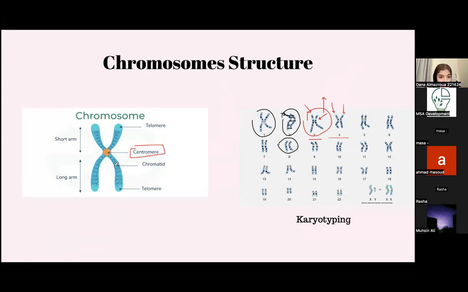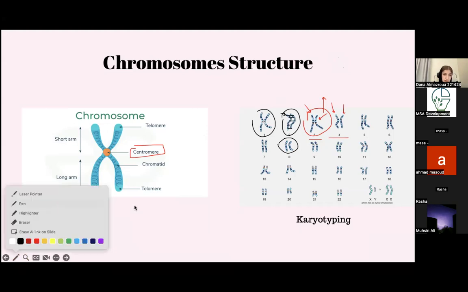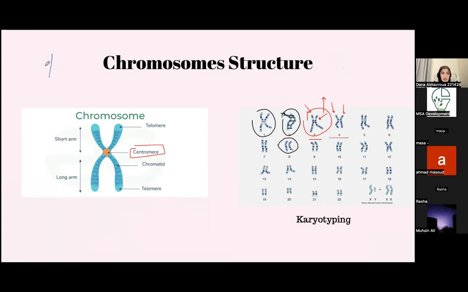Now, when we say bivalent pair, we're more specifically saying, wait, let me use the same colors I've used before. We're saying there's a chromosome that has two chromatids from the father. It has to be two chromatids. And a chromosome that has two chromatids from the mother. This is what we call bivalent. Okay, so that's the difference.